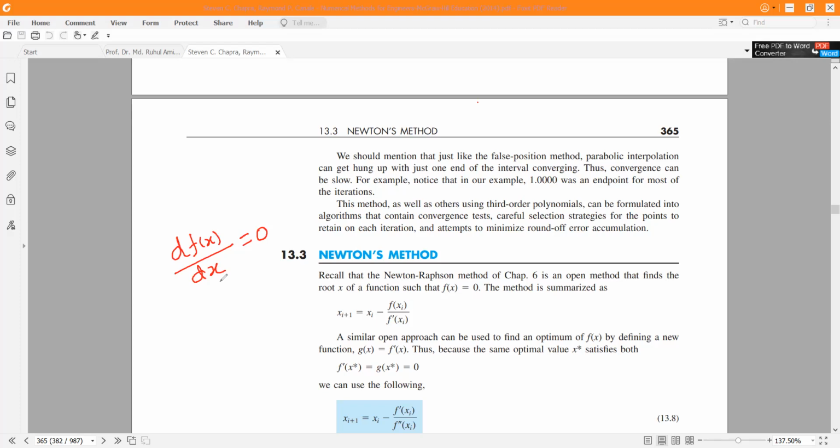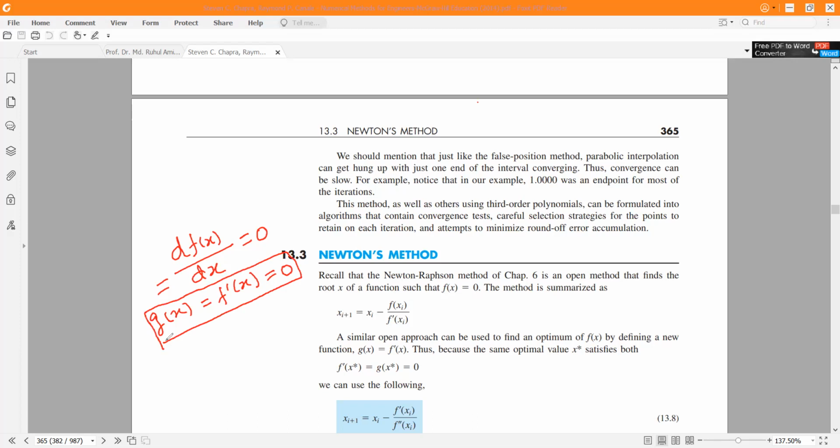Now, if you want to do that, then this is a new function actually. If g(x) is equal to f prime x, the derivative of f(x) with respect to x, and that is equal to 0 at that stationary point. Now, with respect to g(x), is it not a root finding type problem?